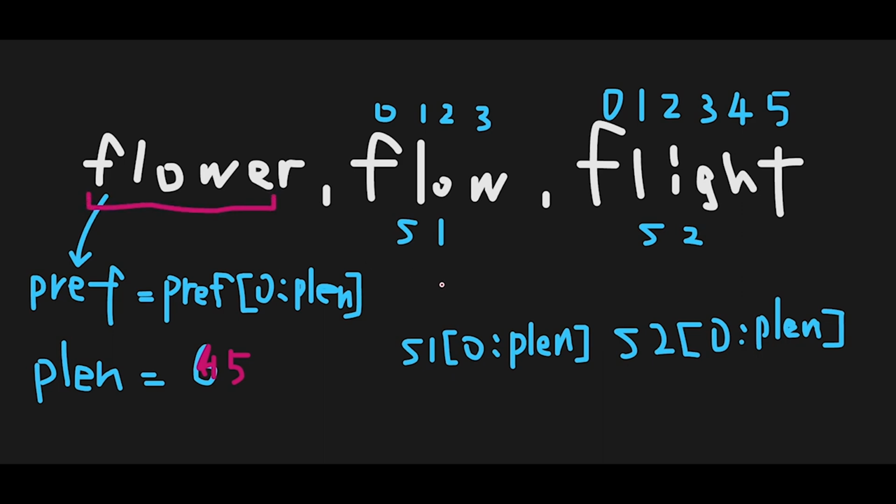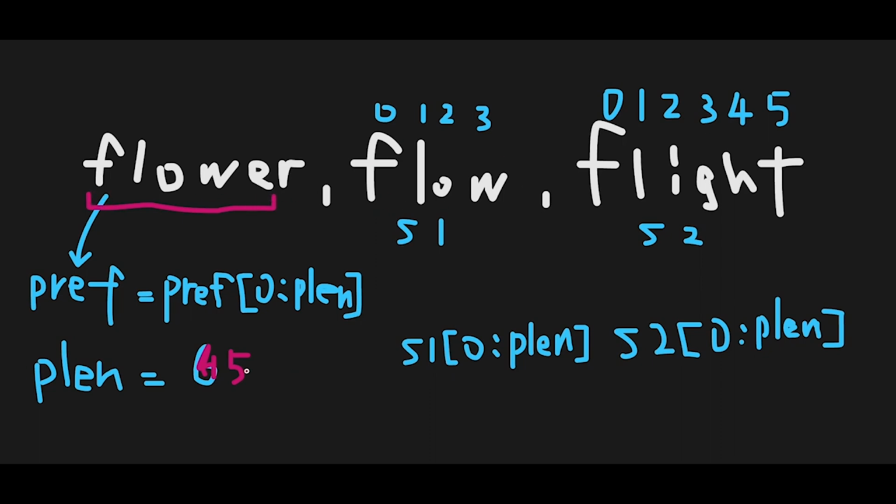And then again check this prefix versus S1 from 0 to 5, but still flow is flow because the length of flow is 4. So compare this prefix versus flow.